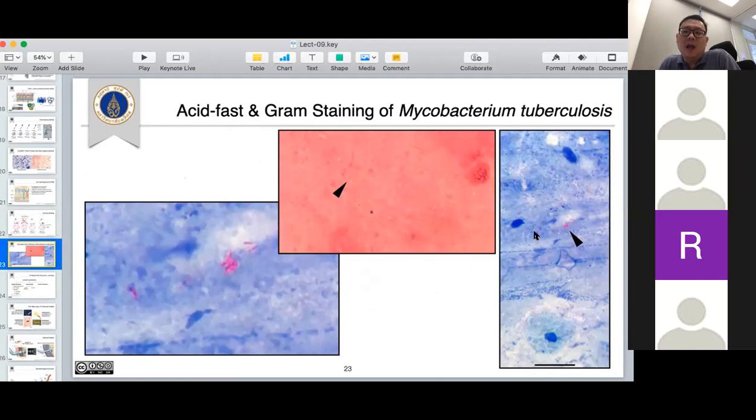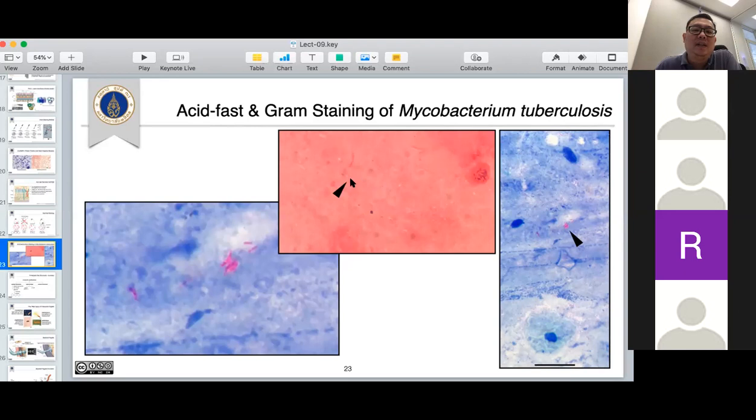Here also, why can we not use gram stain with this bacteria? Because the cell wall of bacteria in this group, I mean Mycobacterium tuberculosis, is so thick that crystal violet cannot move in. Safranin cannot move in. Then when you stain, you probably see bacteria like this.